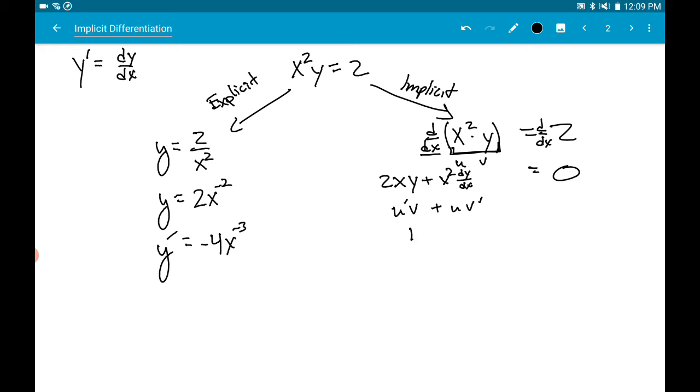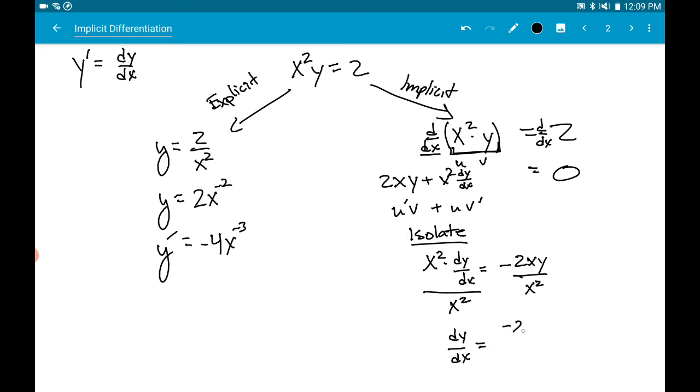I'm now going to try to isolate dy dx. So I'm going to get x squared times dy dx equals negative 2xy. And then if I divide by x squared, I get that dy dx is negative 2y over x.